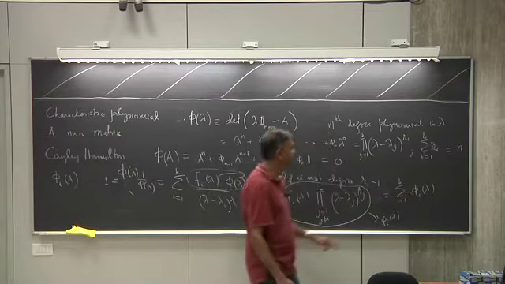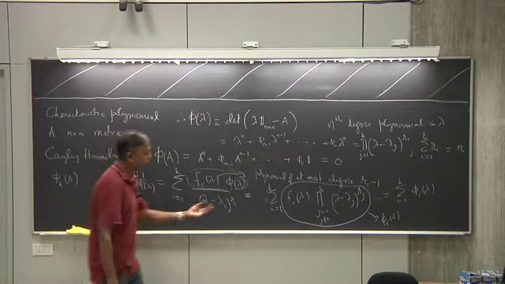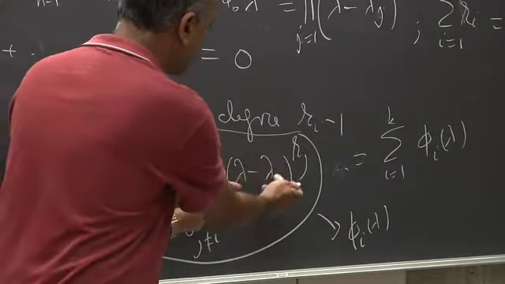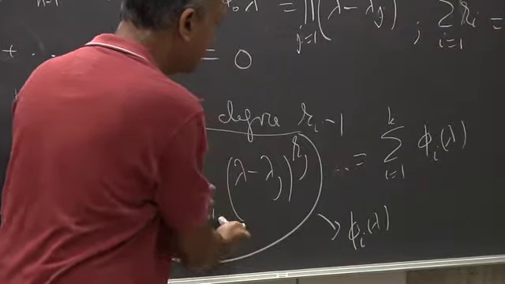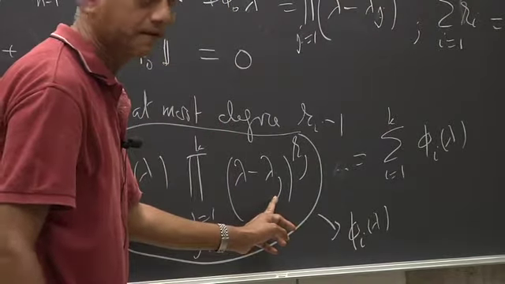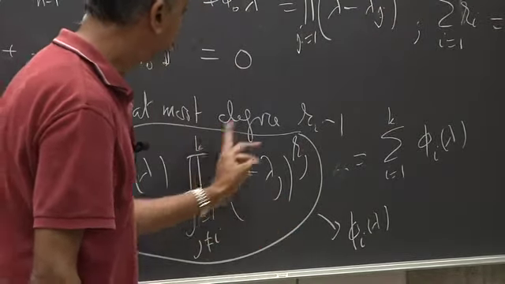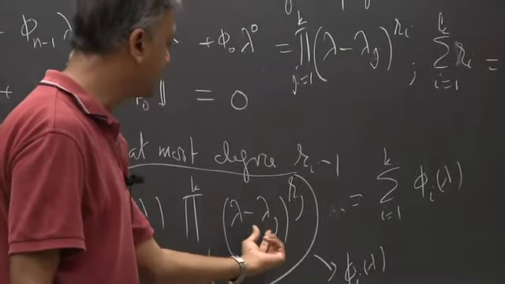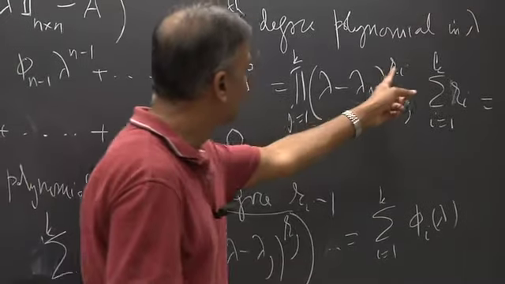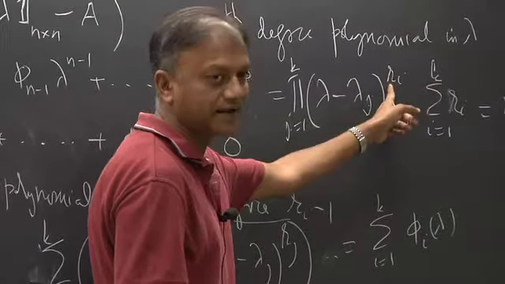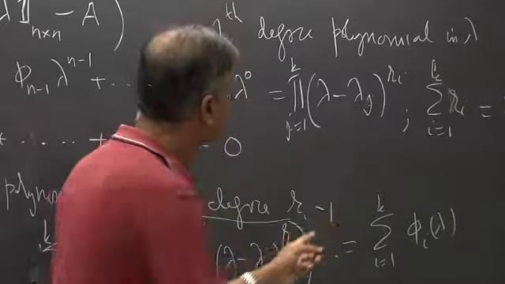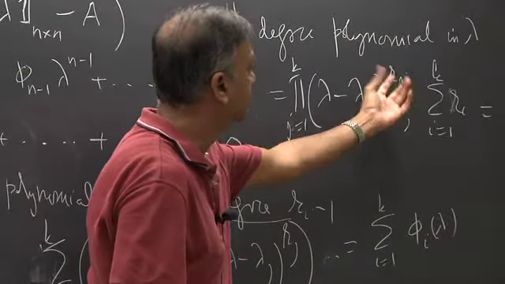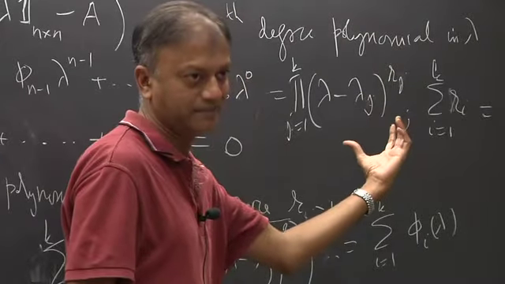The point was that this phi_i, so again, now what is this? Let's see the degree of this polynomial. First of all, the only thing which has been omitted is the j equal to i term, right? If I had not omitted it, then this would have been exactly phi lambda, which is degree n. But since I have omitted the ith term, you are reducing the degree by r_i, right?